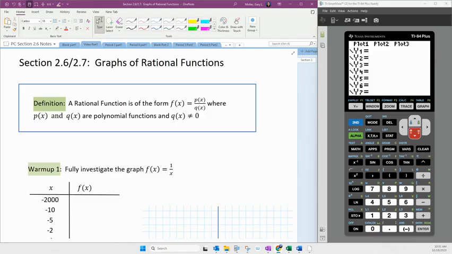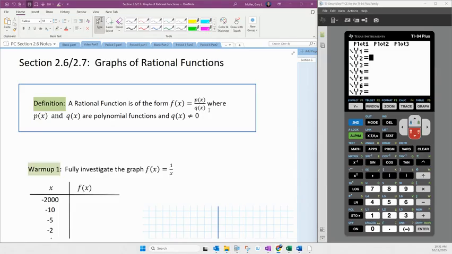We just talked about rational zeros a couple sections ago, and a rational zero, or rational anything, is talking about something that can be written as a fraction. So today we're talking about rational functions, which take the form of P over Q, but P and Q are themselves polynomial functions.